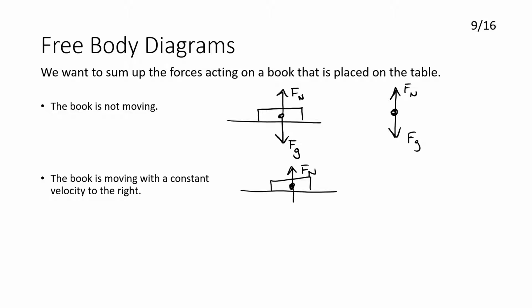So we have the table, even though I'm sliding this book, the table's still holding it up. So it's still pointing upward even while it's moving. The book still wants to accelerate downward. So there's still that downward gravitational force. But the book is not accelerating in any direction. It is moving at a constant velocity.